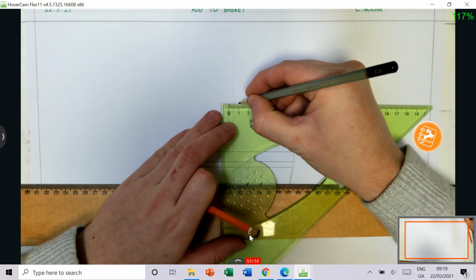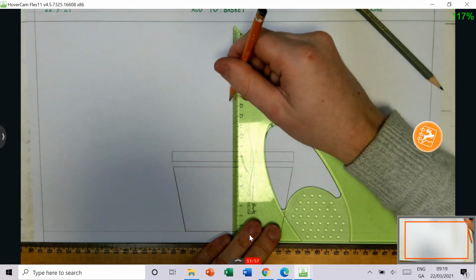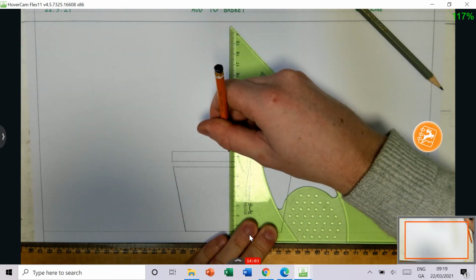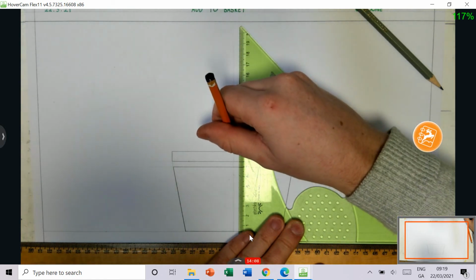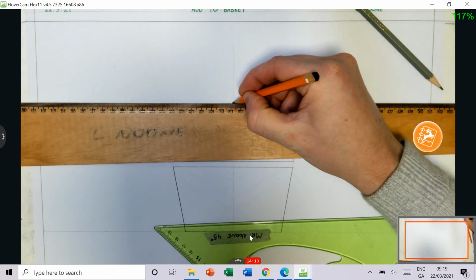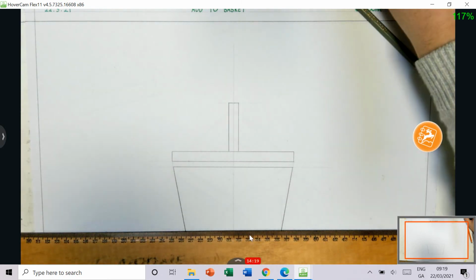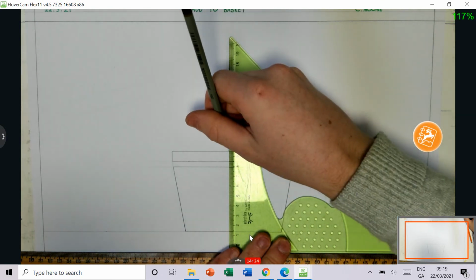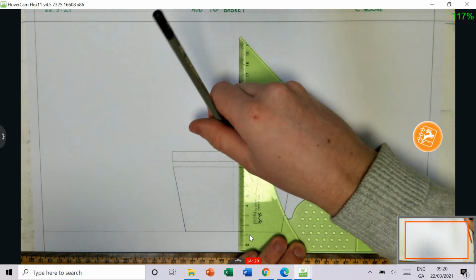And I can now draw in the handle of the basket. Okay, and I can actually project that measurement all the way down to the bottom of my shape with a construction line. So that's 5 to the left, and that's 5 to the right.